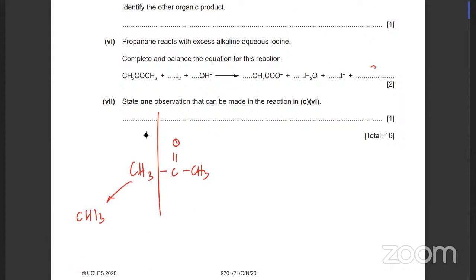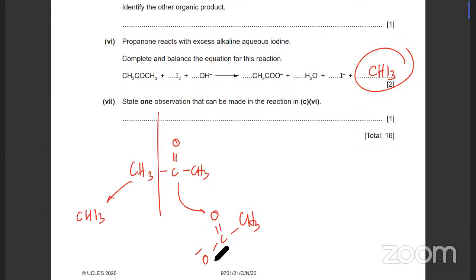So one of the products is going to be CHI3. What is the other product that's going to be formed in this reaction? The other product is already given. That's going to be the carboxylic acid. This carbon over here will turn into a carboxylic acid. But since the conditions are alkaline, it will form a salt of the carboxylic acid.